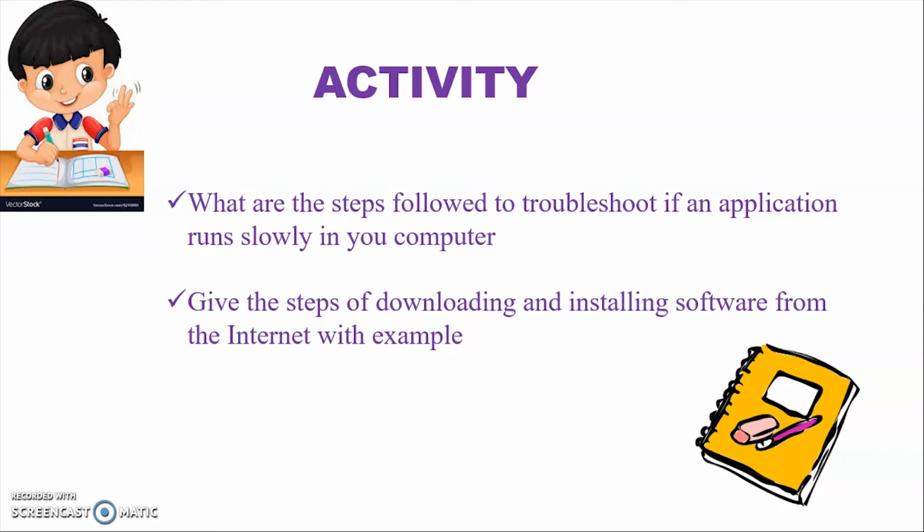You also have to give the steps of downloading and installing software from the internet with an example. If you are downloading any application from the internet, list the steps which are followed to download and install any software in your computer or laptop. So these are the two activities, do it.